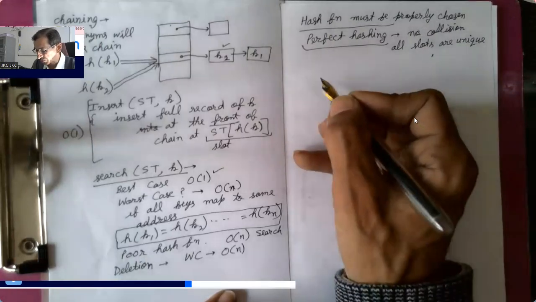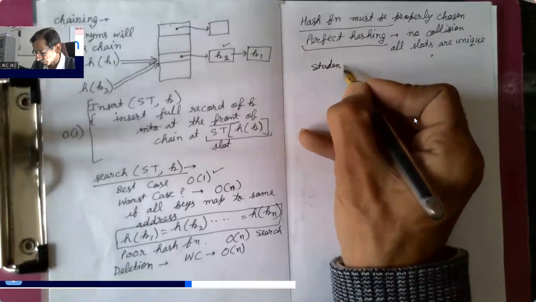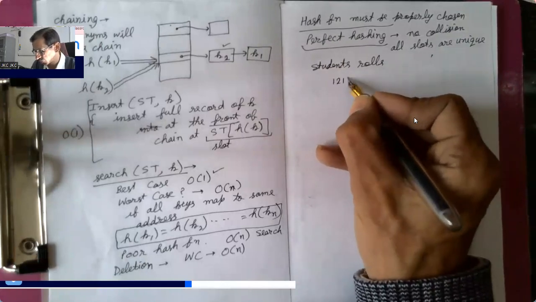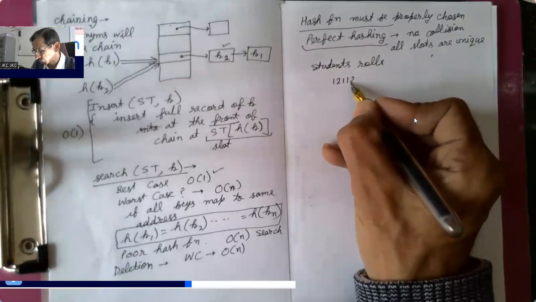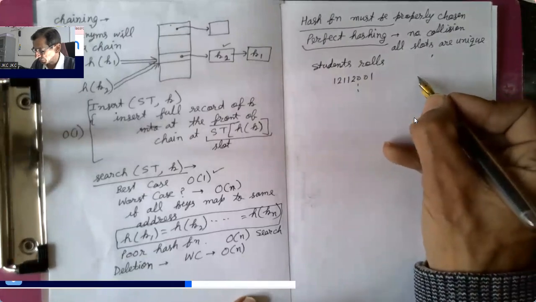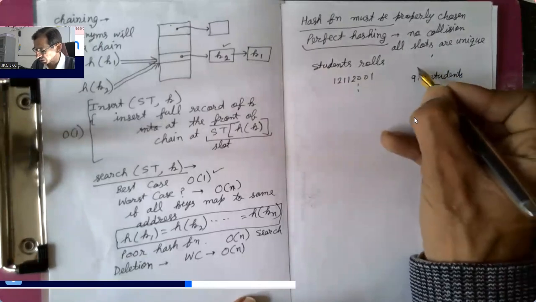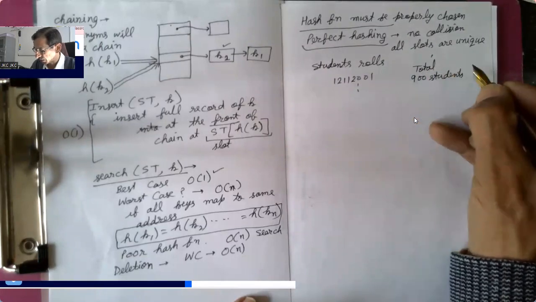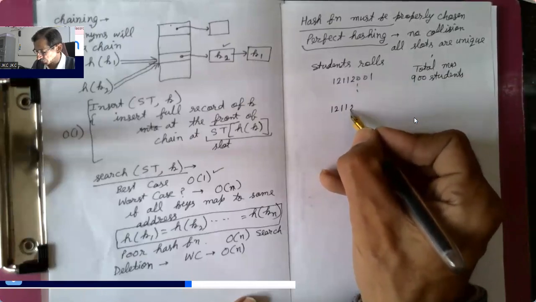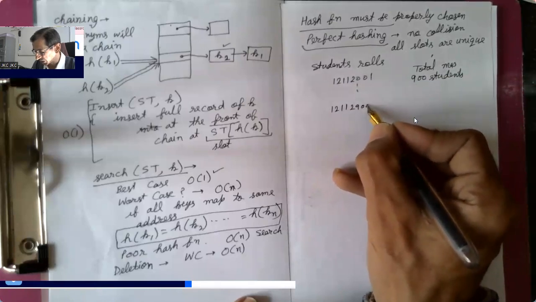Or another way could be, fine, I have students' roll numbers. Say students' roll numbers, for example, start from 12001. If I assume that a maximum of, let's say, 900 students are there in the college, then my roll numbers could be something like 12001 to 12900.